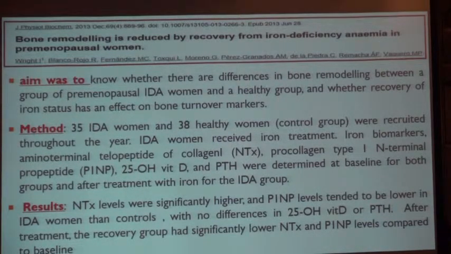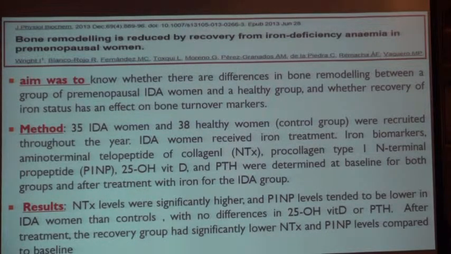Iron deficient women received iron therapy, and the biomarkers of iron, in addition to markers of bone resorption and bone formation, were evaluated at baseline and after therapy.